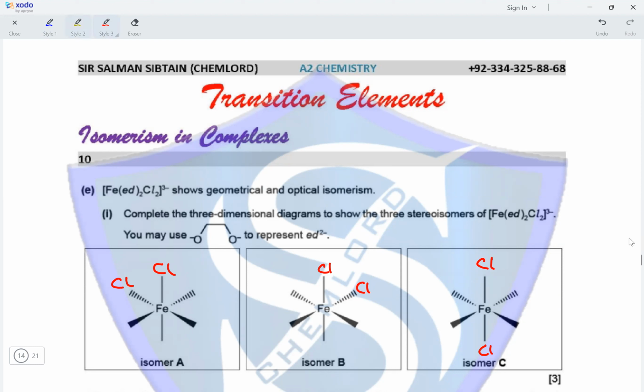Now the remaining positions will be occupied by the ed molecule, which will be represented by two oxygens joined together by a line drawn this way. So here as a mirror image, this would be placed here, and the third one would be placed on the remaining two positions where bonds have been represented. So in this way, we have completed the three structures of this particular ion.